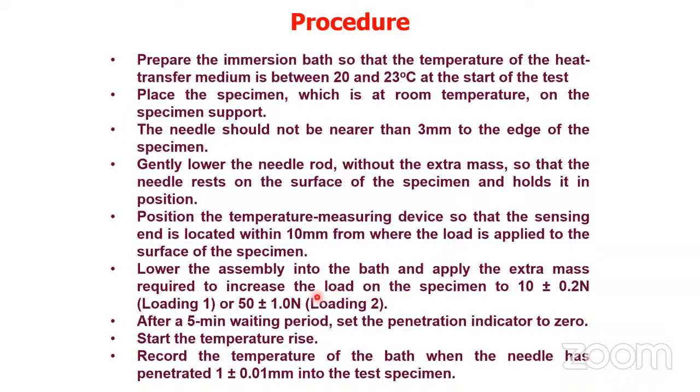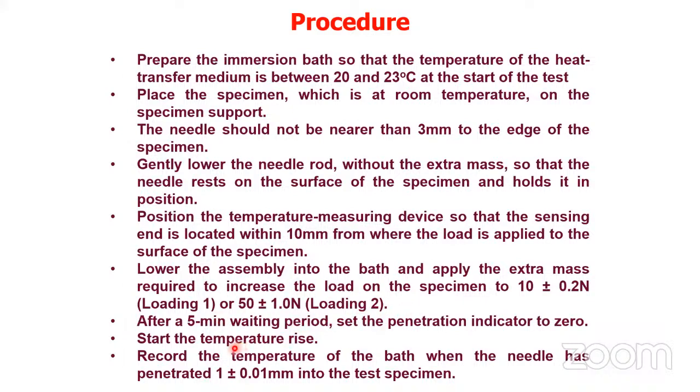The next step is to lower the assembly into the bath and apply the extra mass required to increase the load on the specimen to 10 Newton, or 50 Newton. These are the two loading conditions for the Vicat softening point.